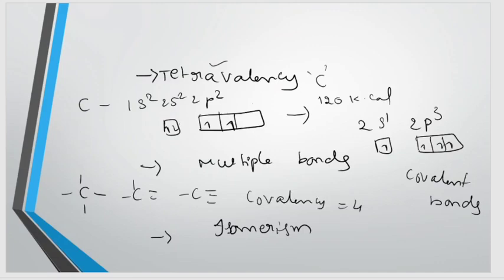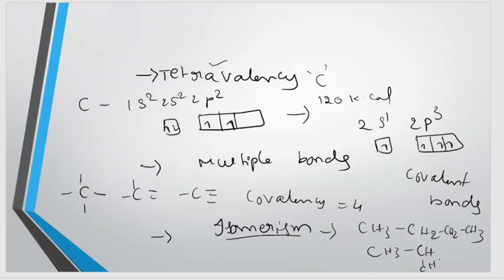Okay, now the carbon compounds can exhibit isomerism also. What is meant by isomerism? If we consider a simple example like CH3-CH2-CH2-CH3, a compound called butane, and we have another compound called isobutane.